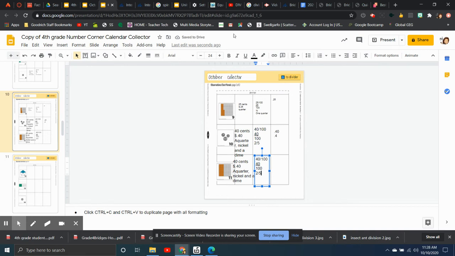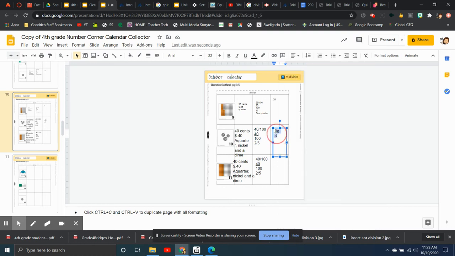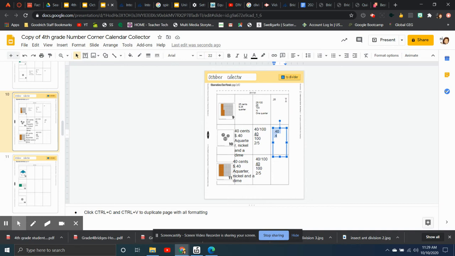So you would see the correlation between number corner and your math. And this would also be the same thing because you're still dealing with 40 hundredths, right? Or 4/10 of a dollar or of 100.